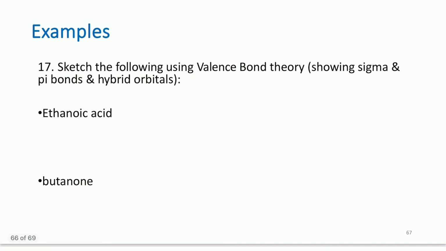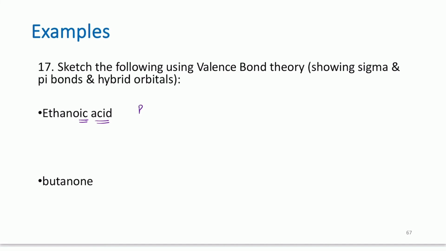Okay, let's go ahead and work a few examples doing valence bond theory, sketching out the way these look. Sketch the following using valence bond theory, showing sigma and pi bonds and hybrid orbitals. We have ethanoic acid. So we're getting into what we learned with chapter 10 with naming of these organic compounds into the structures. I see oic acid.